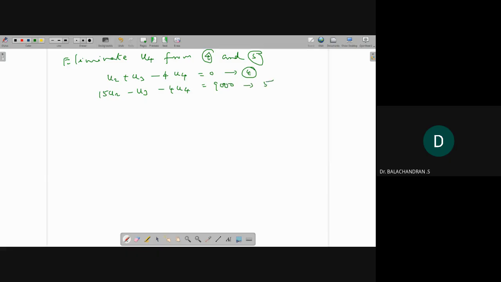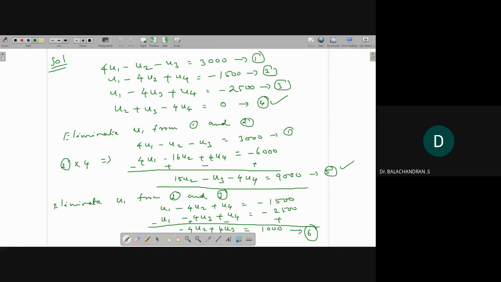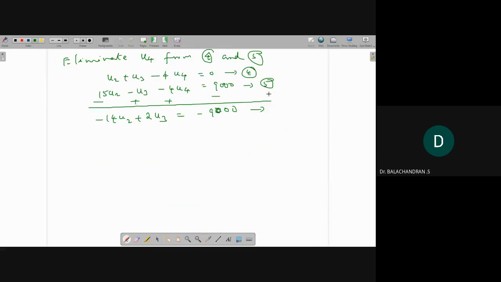This is 5. Minus plus plus minus. So minus 14u2 plus 2u3, so u4 gets cancelled, equal to minus 9000. This is 7.